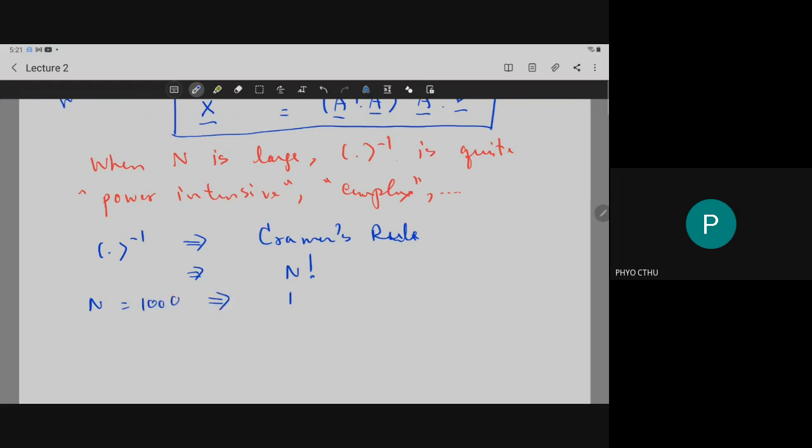The complexity is 1,000 factorial, which is very large. So it's not always convenient. We can write it in terms of analysis, but in terms of really solving the equation, if n is large, then we don't want to do this inverse operation.